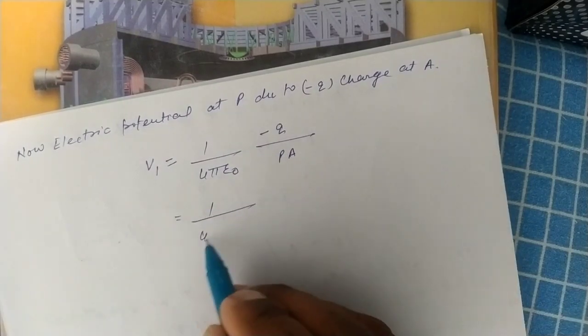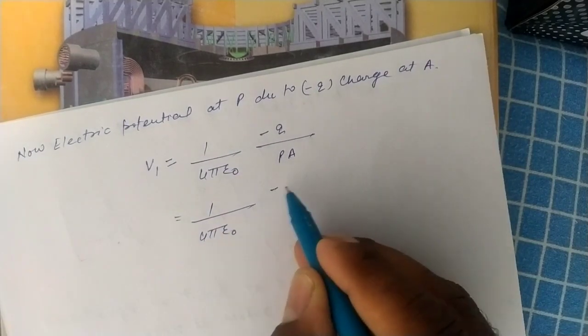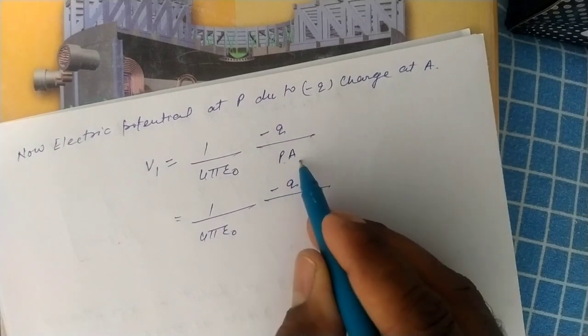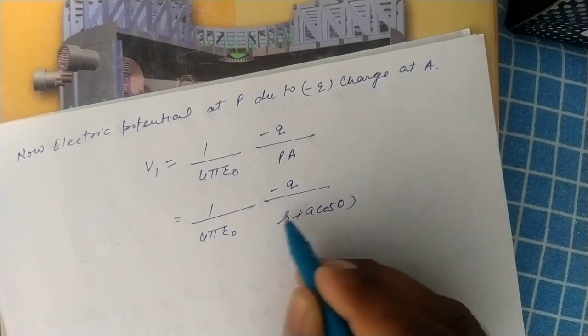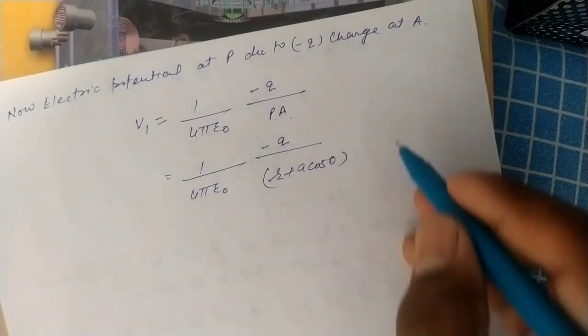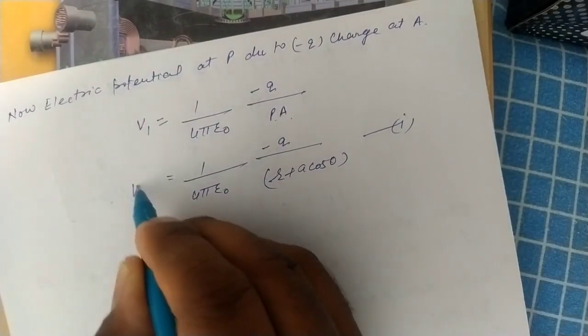PA is equal to R plus A cos theta. This is the first equation, V1 is equal to.